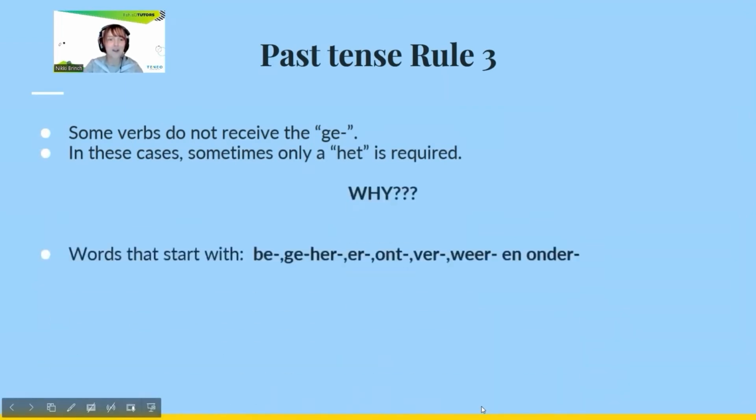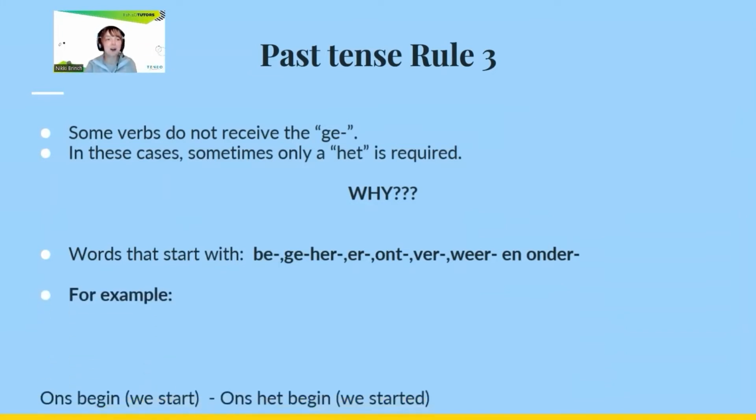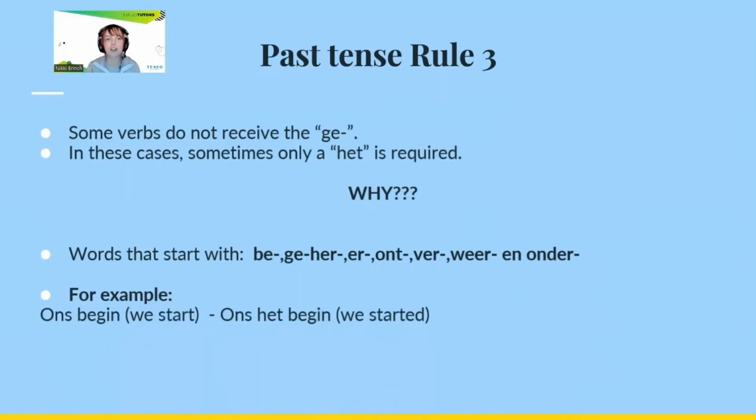There are some words that are the exception to the rule, and they are words that start with be, ge, her, ont, ver, weer, and onder. That's a mouthful, but it's important to remember these. For example, if I say "ons begin", we start, we don't say "ons het gebegin", because that just sounds weird to an Afrikaans speaker.